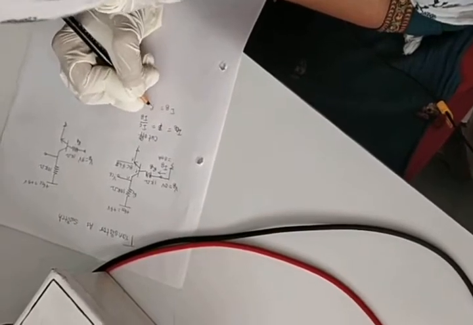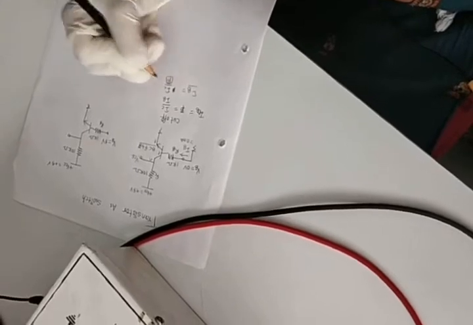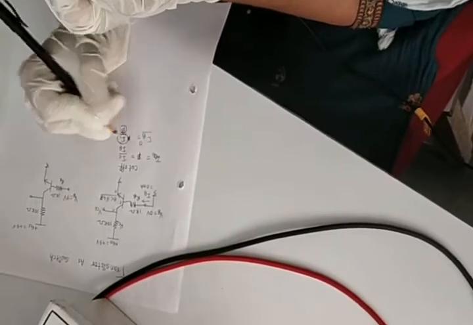It is IC divided by beta. So if IB is equal to 0, then beta is going to have what value? It is going to have a high value. Hence I can also say that if beta IB is 0, it means IC is also going to be 0.